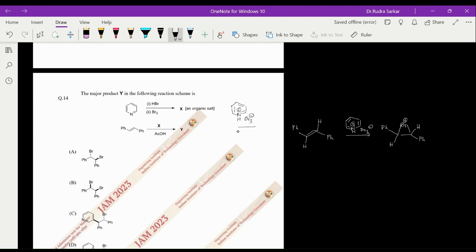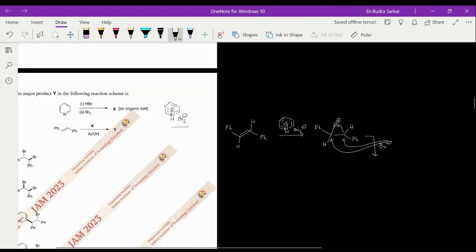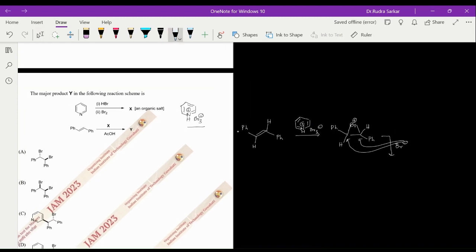And then if we think of attack of Br minus ion at either of these centers, okay, so basically this will be anti-addition, right?